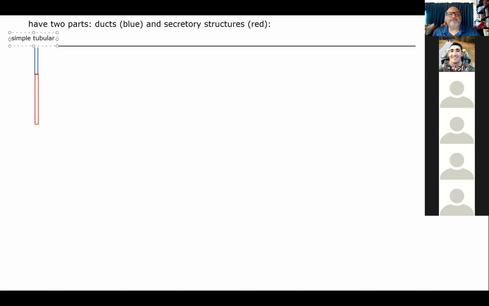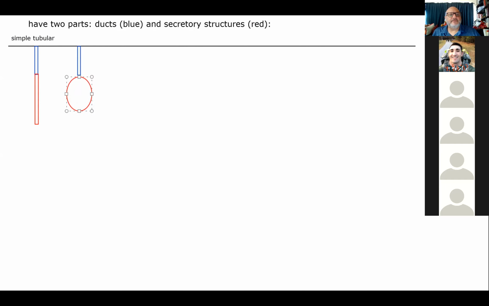Let's try another one. We have a single duct, which connects to a single round ball shape secretory structure.